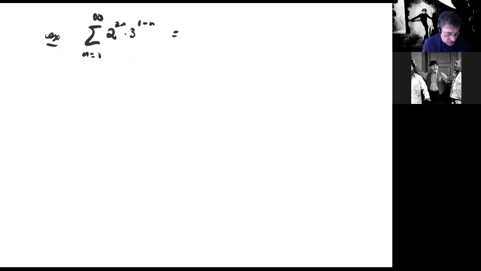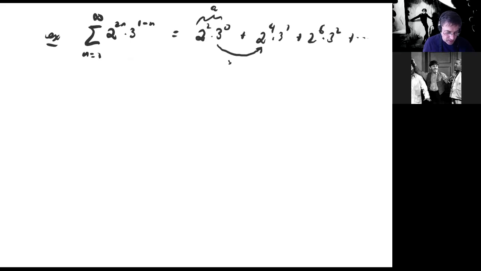You write out the first few terms. So the first term is 2 squared times 3 to the 0, then plus 2 to the 4th power times 3 to the 1st power, plus 2 to the 6th times 3 to the 2nd power, and so on. Now, this would be our a. And how do we get from this term to this term? We multiply by 2 squared times 3. Now, in order to get from the second term to the third term, we better multiply by the same amount, and indeed, we multiply by 2 squared times 3.